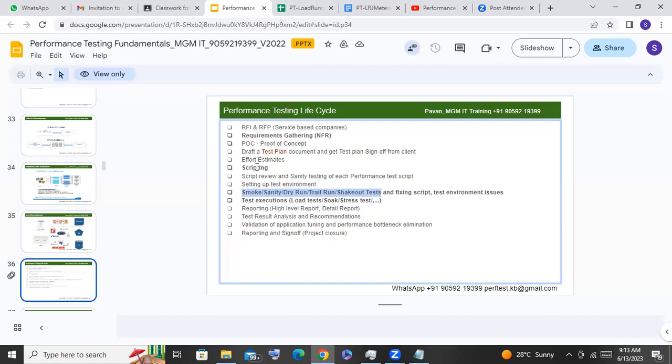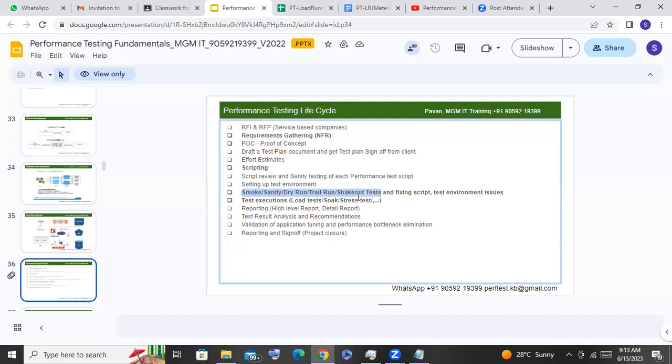We have done the scripting, and for those scripts, we check whether they are properly working with the actual data specified for the performance test. We would check whether the data, the scripts and the environment are working fine, all in one shot, with all the scripts together.